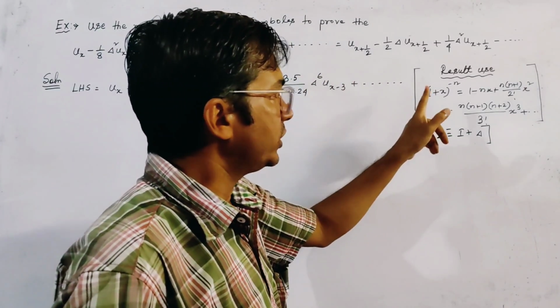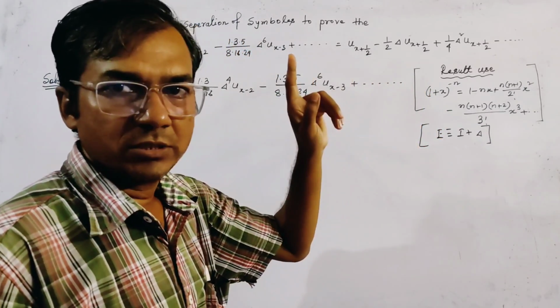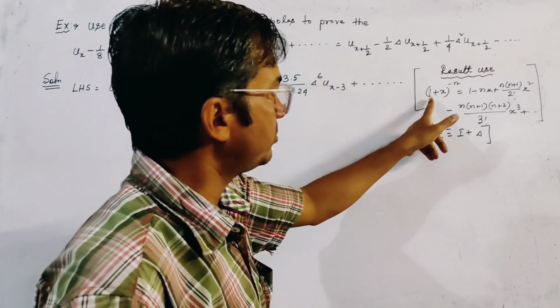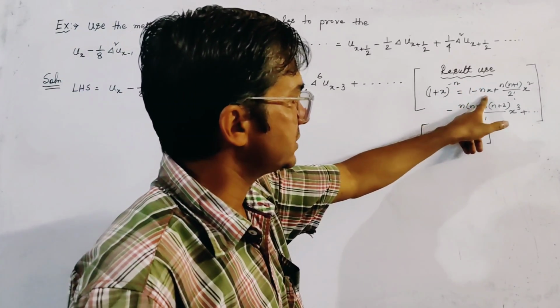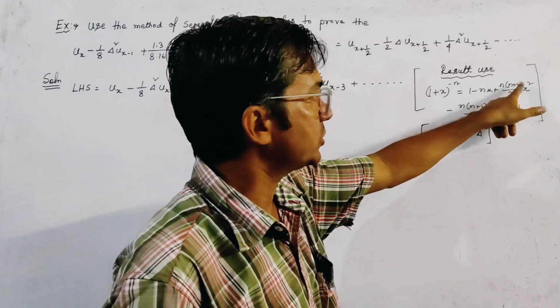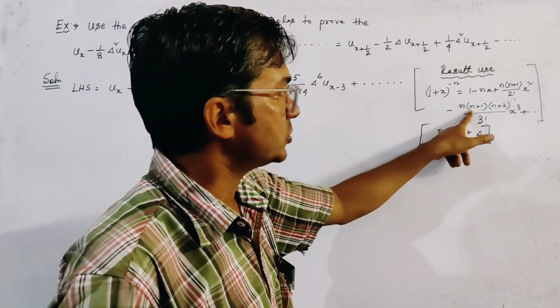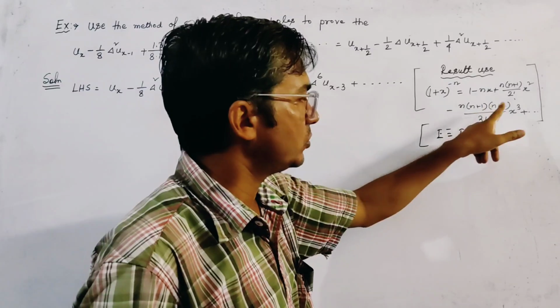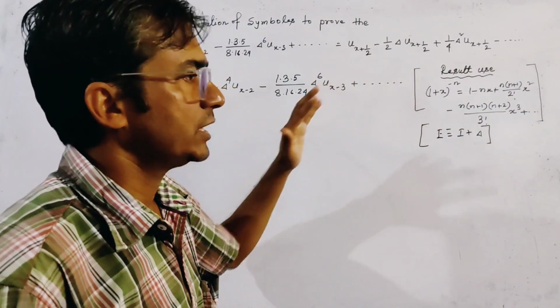We also use an important series: (1 plus x) to the power minus n equals 1 minus nx plus n(n+1)/factorial 2 x squared minus n(n+1)(n+2)/factorial 3 x cubed and so on.